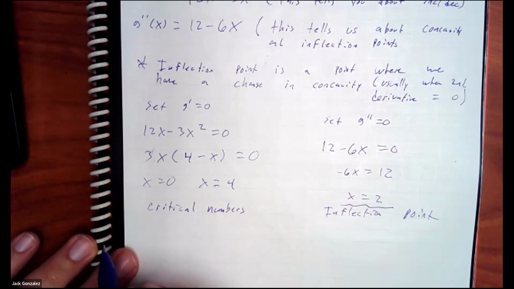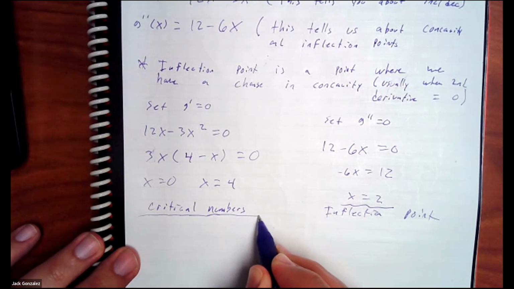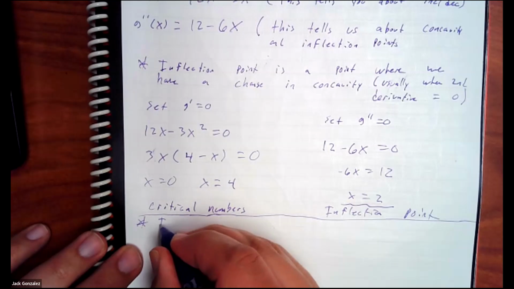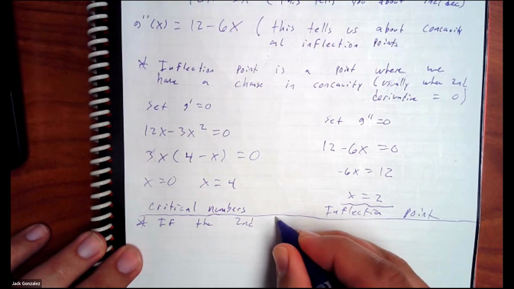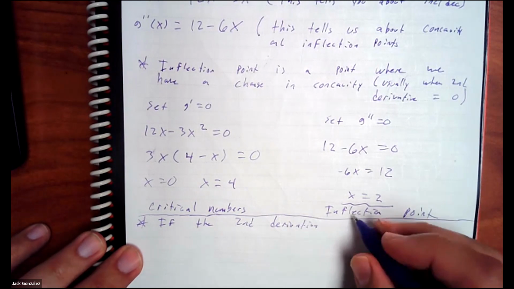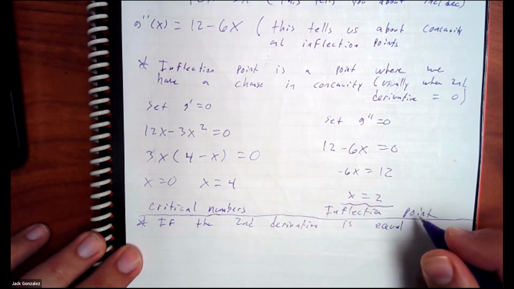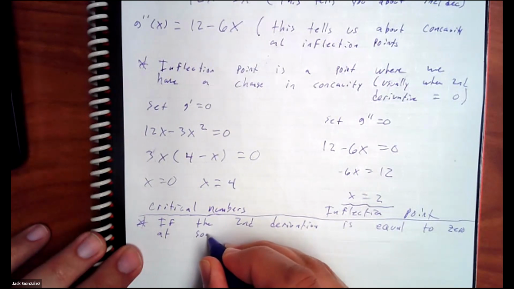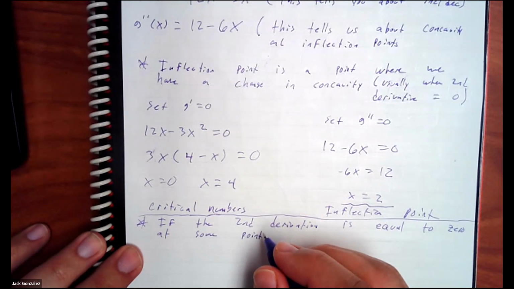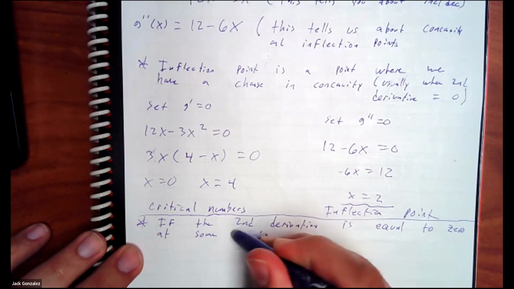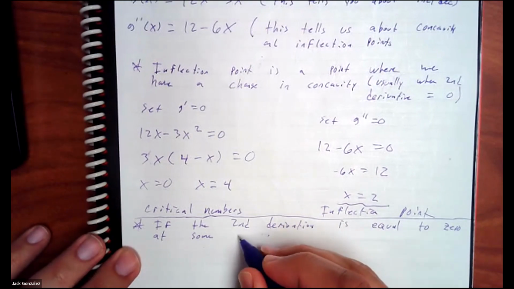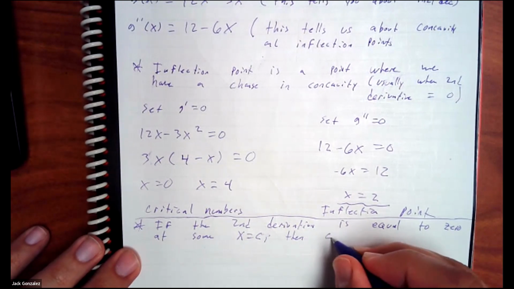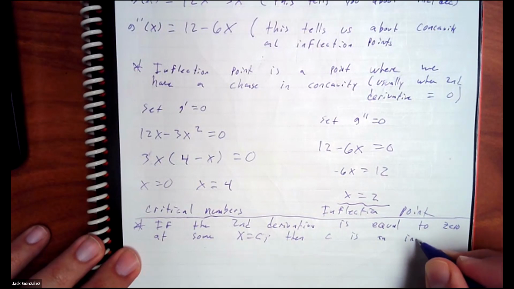Let me write you some notes here. If the second derivative is equal to 0 at some point, let's say at some x equal to c, then c is an inflection point.